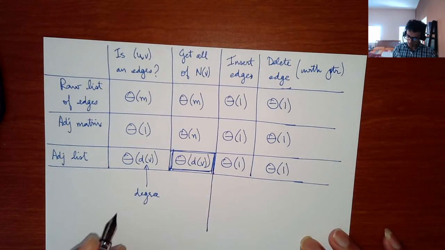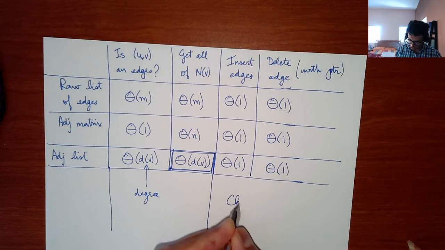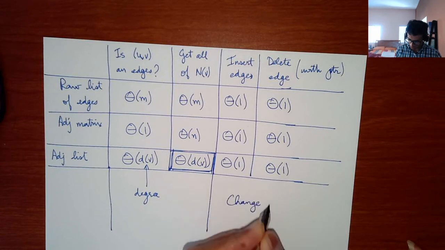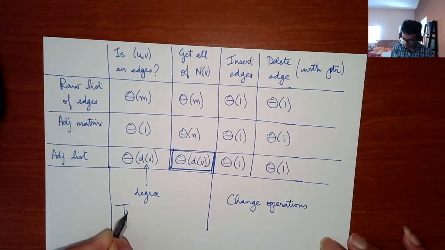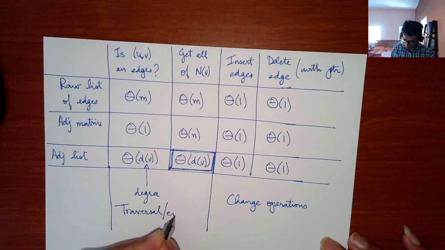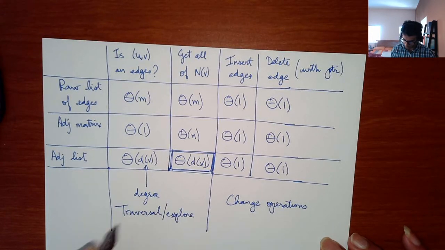I want to sort of break these operations up into two different ways. These are sort of change operations. And these are what are called traversal or explore operations.